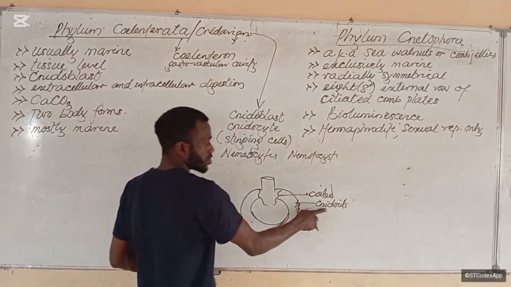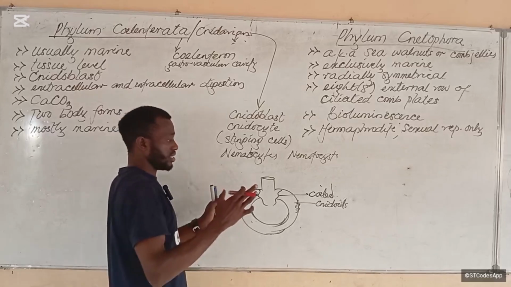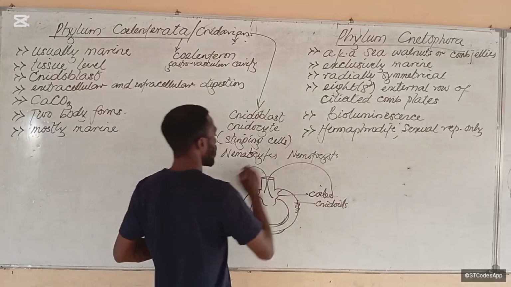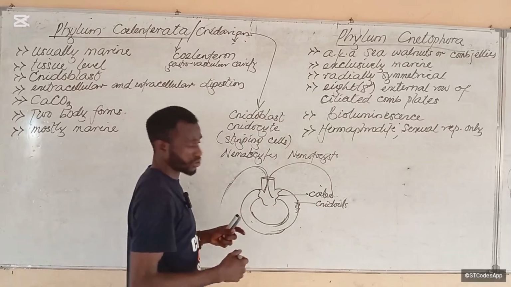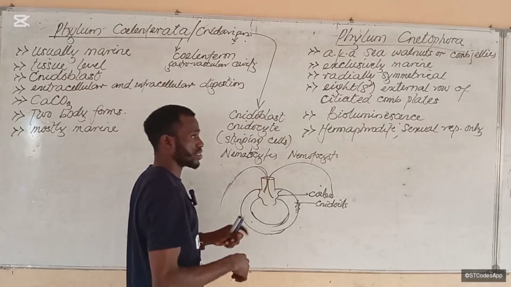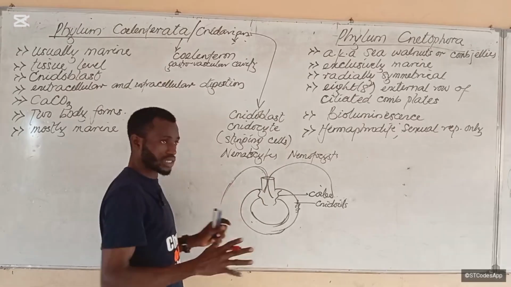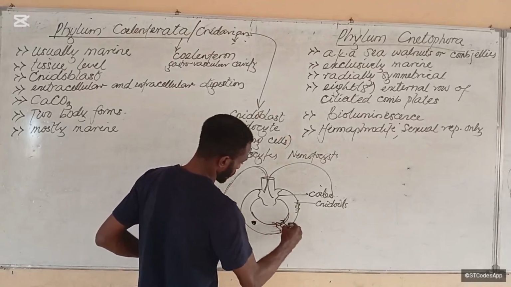So by the time the cnidocil comes in contact with something, there will be uncoiling of this thing, and then it will pour out a sting to sting that organism that has touched it, and of course inject the poison, primarily just sting the organism. Is that clear? So it has a nucleus here.